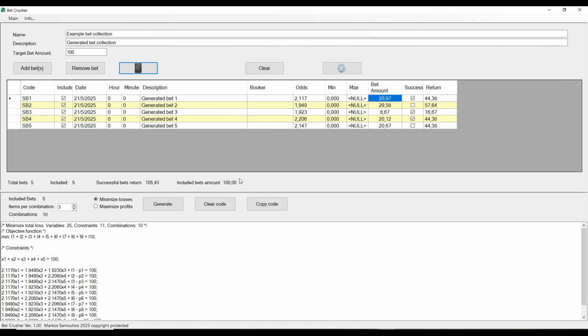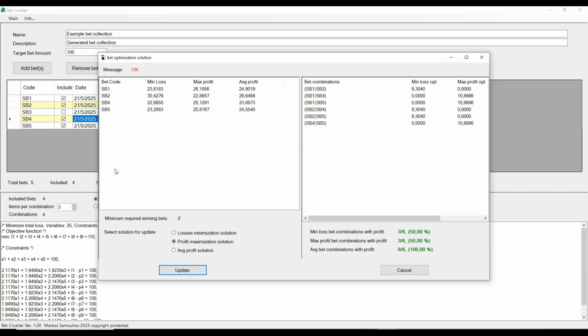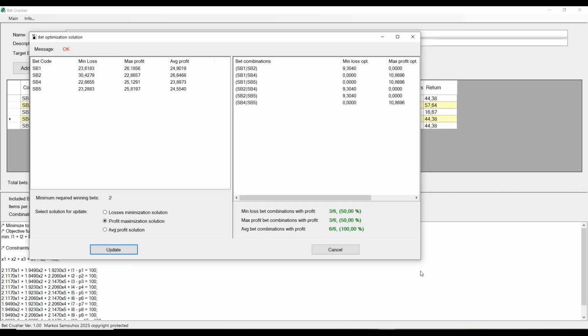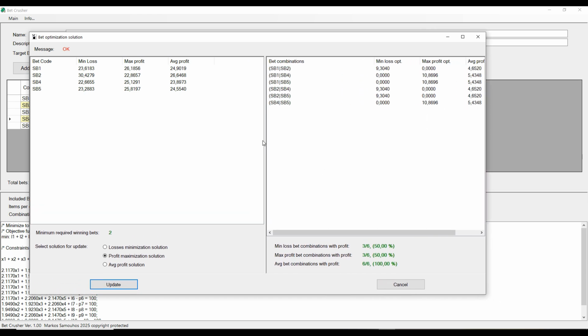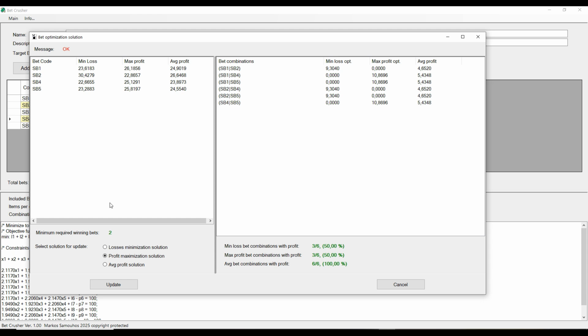Let me show you. If we don't include bet 3 in the formulation, as you can see, we only need to win 2 out of those 4 bets in order not to lose money.